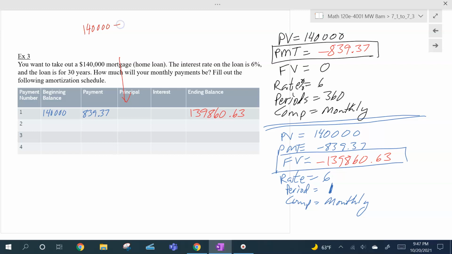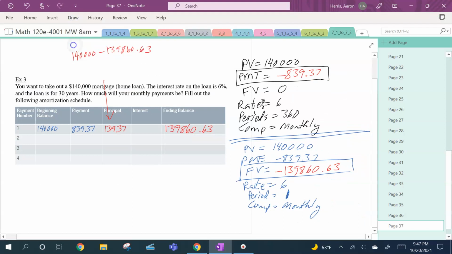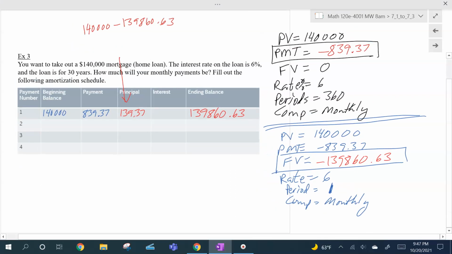And then I subtract what I owed after I made my payment, 139,860.63. So when I subtract those two, I get 139.37. Okay? So the interest would be the difference between the payment.